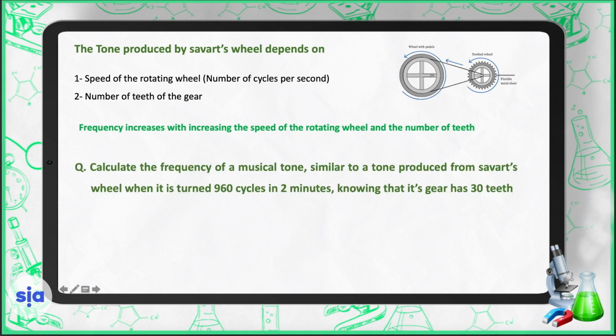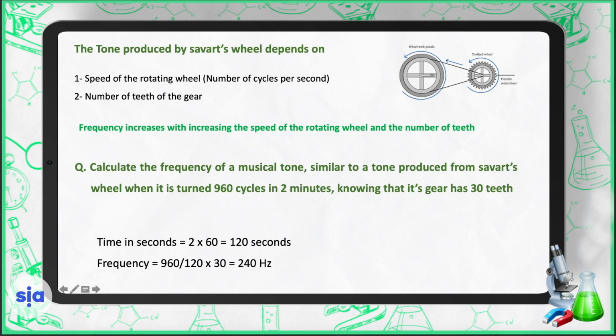Calculate the frequency of a musical tone similar to a tone produced by Savart's wheel when it is turned 960 cycles in 2 minutes, knowing that its gear has 30 teeth. We know that time in seconds equals 2 times 60 equals 120 seconds. We are converting the minutes to seconds.